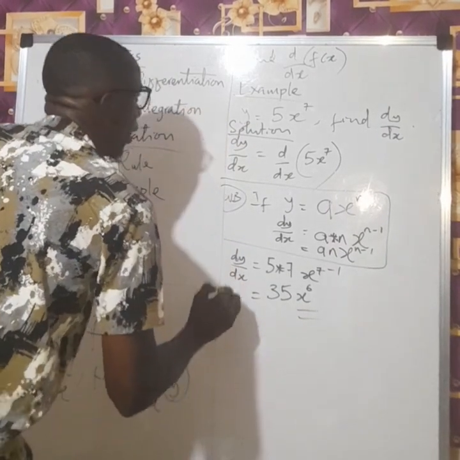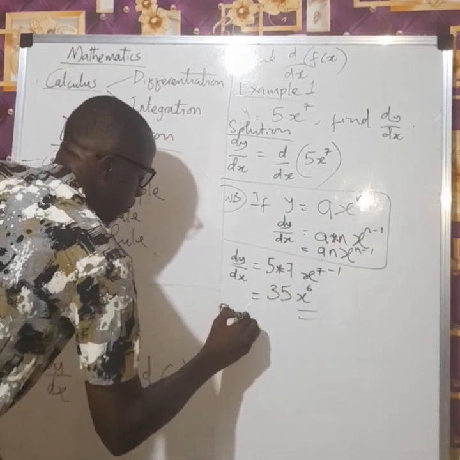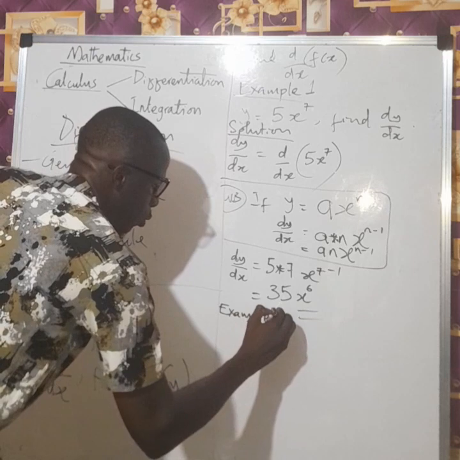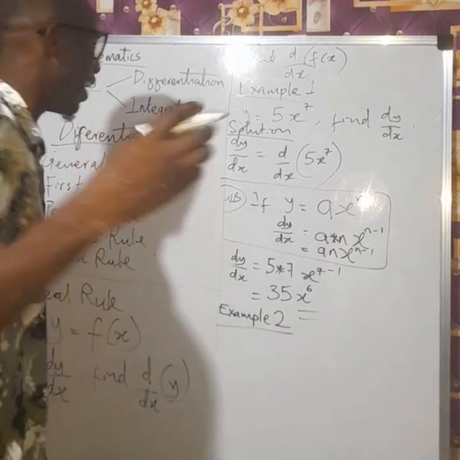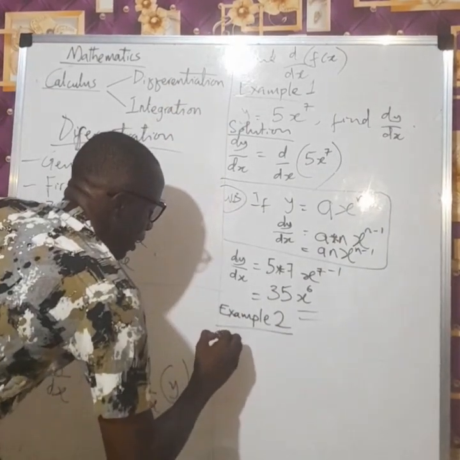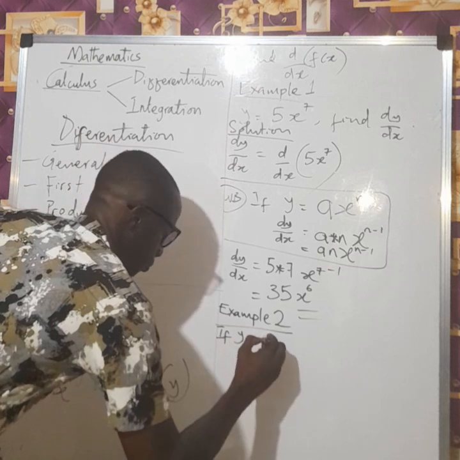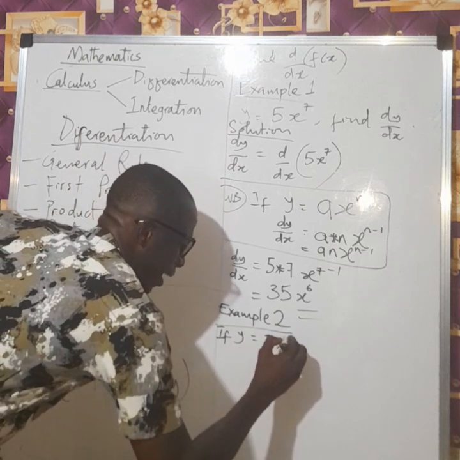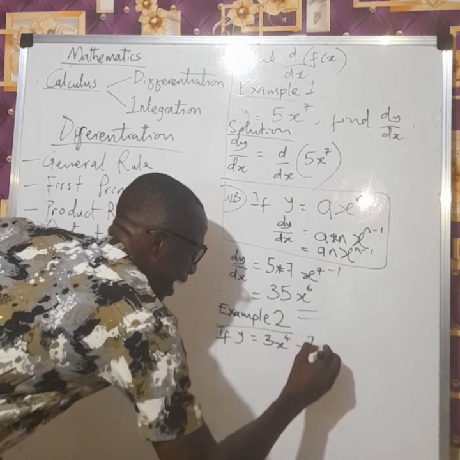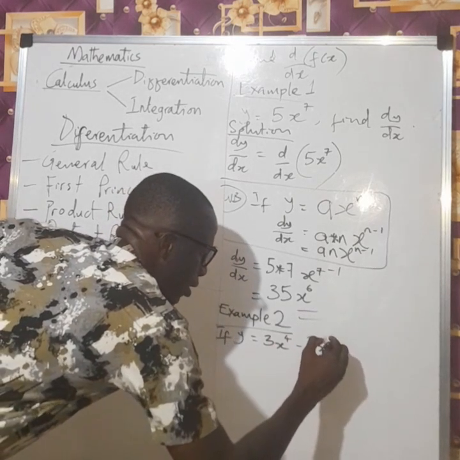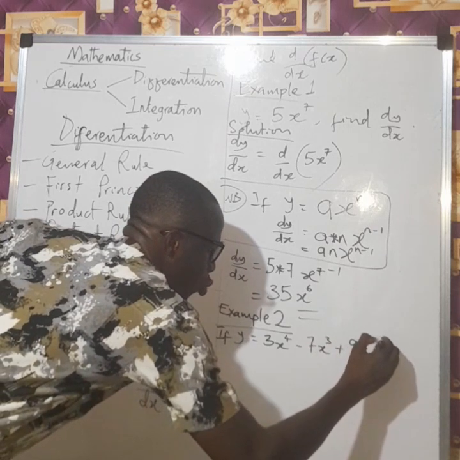Now move a bit advanced. We can have another example. This is example 1, you have example 2. Please, are we following? Example 2. I give you this question: if y is equal to 3x raised to power 4 minus 7x raised to power 3 plus 9x raised to power minus 2.